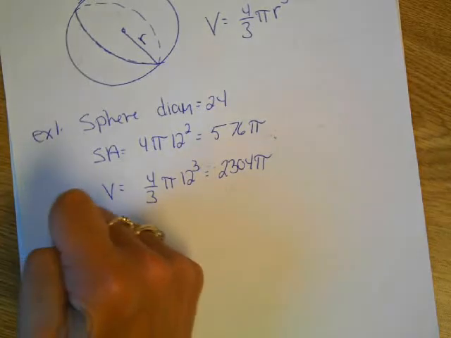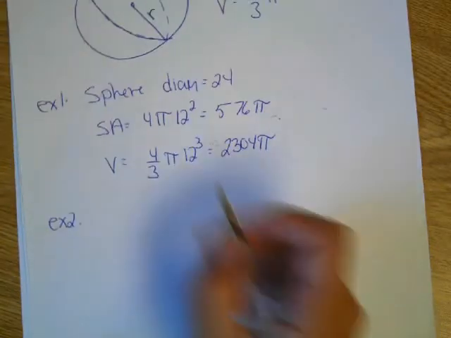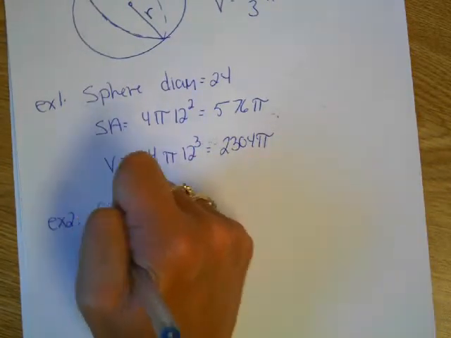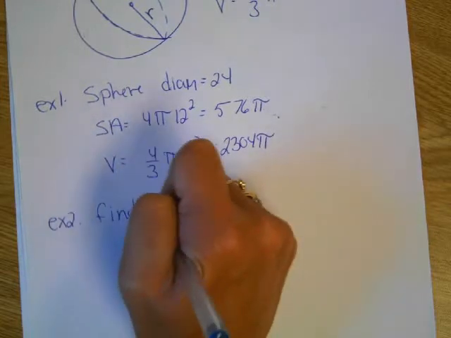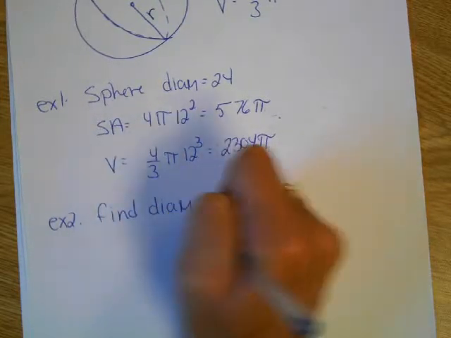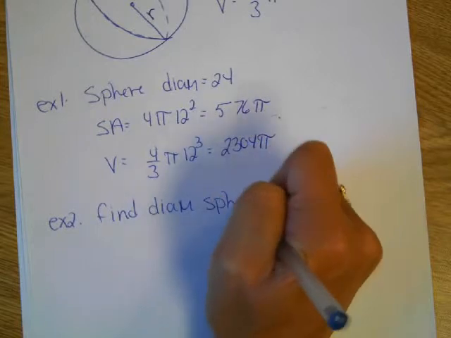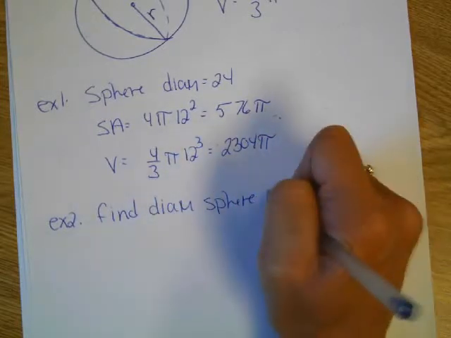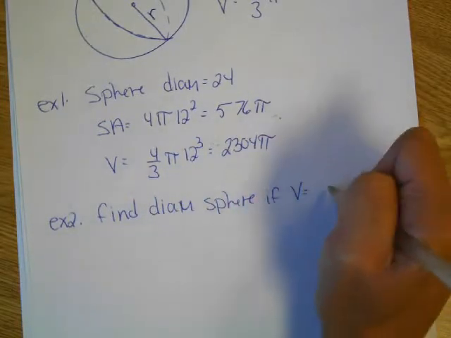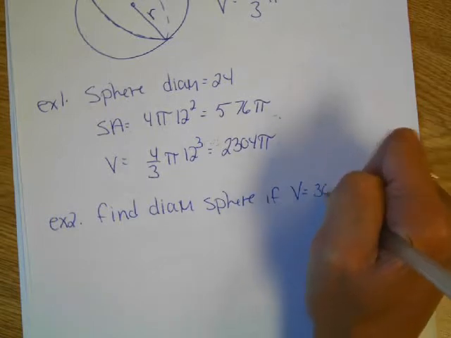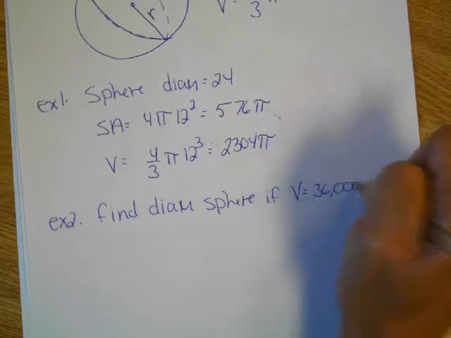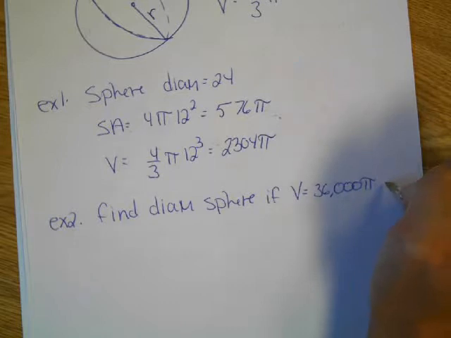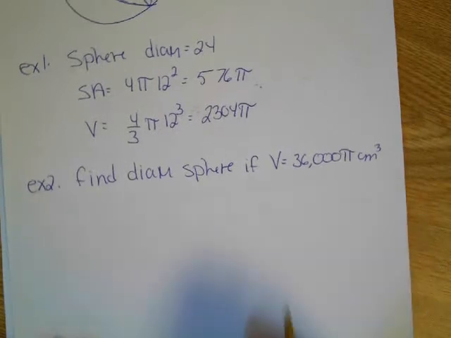Okay, number 2. Can you find the diameter of a sphere if the volume is 36,000 pi cubic centimeters? Okay, we always work backwards when they give us the answer.